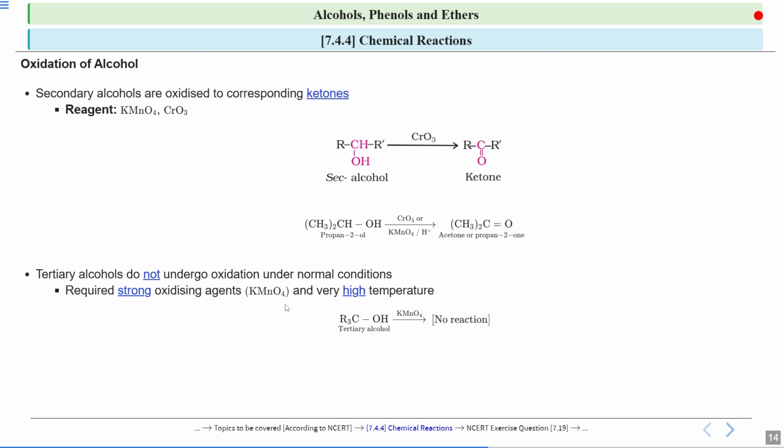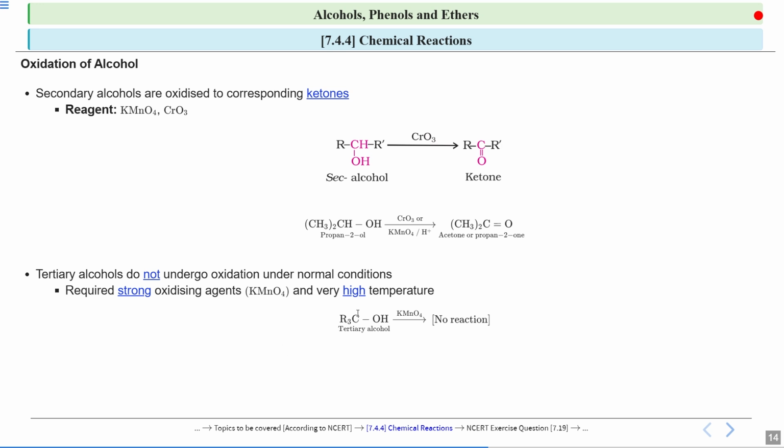Why? Because the carbon to which your OH group is attached is further connected to three other carbons. So the valency of carbon is full now. In tertiary alcohol, the carbon does not have any hydrogen, so the carbon hydrogen bond will not even break. That is why tertiary alcohols do not undergo oxidation under normal conditions. If you still want to oxidize them, you have to use a strong oxidizing agent like KMnO4 at a very high temperature.